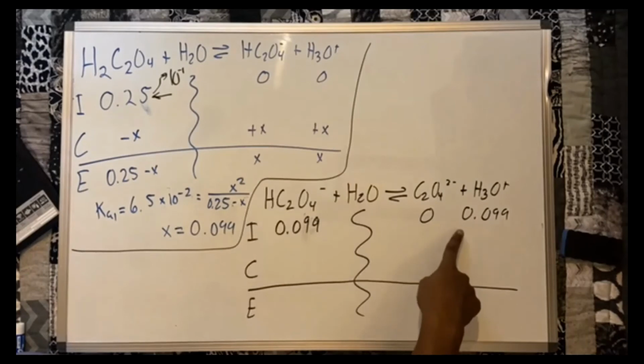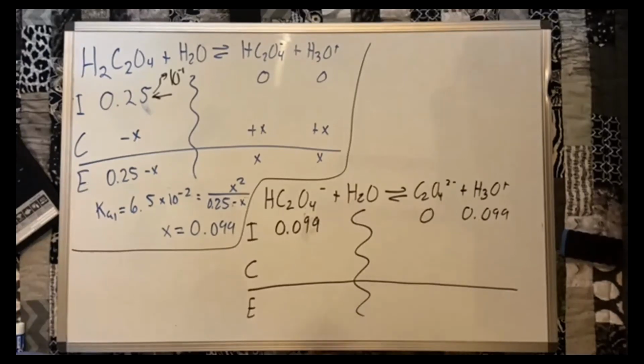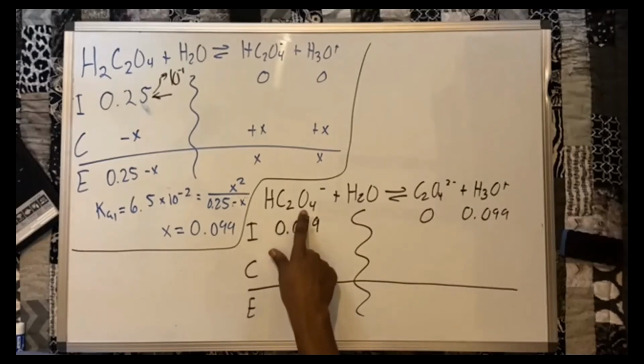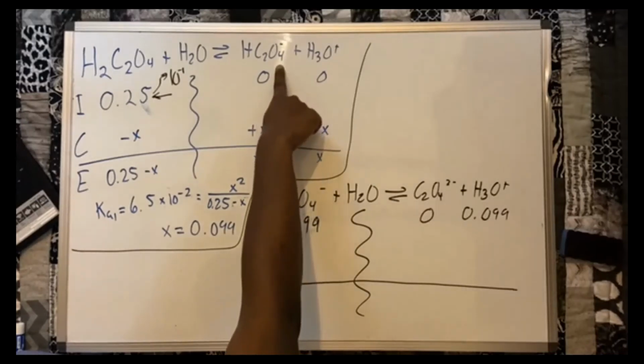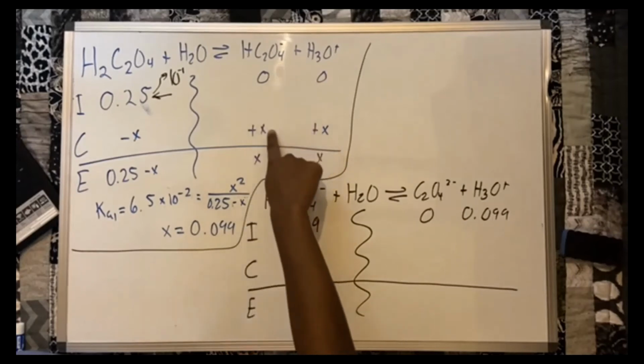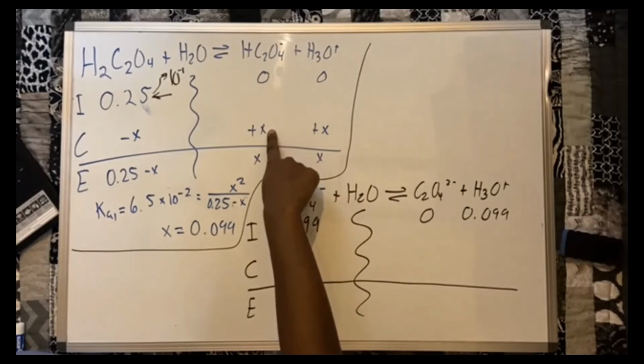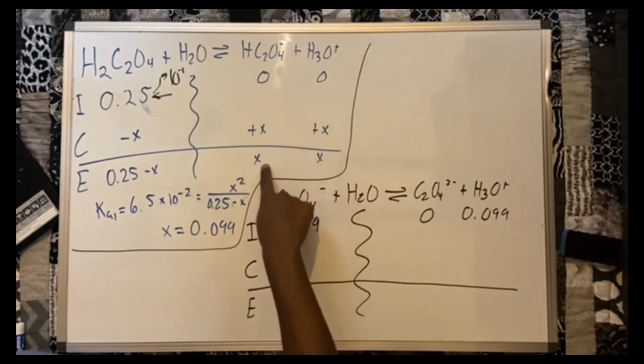But if I have an initial of that or an initial of that, then they won't be the same. If you have like a 2x on the first ice table, whatever that 2x is goes into the next ice table. If the change was plus 2x or something, and you solve for 2x, you wouldn't just put the x value, you put the 2x value down here.